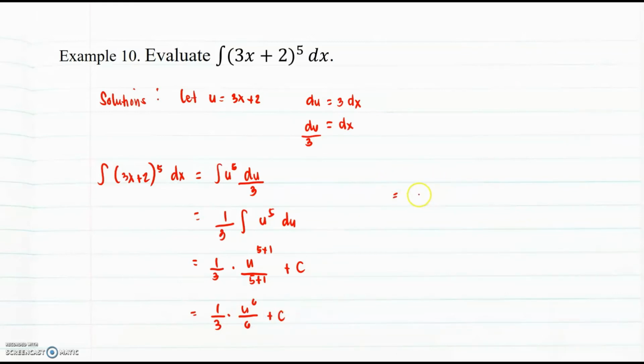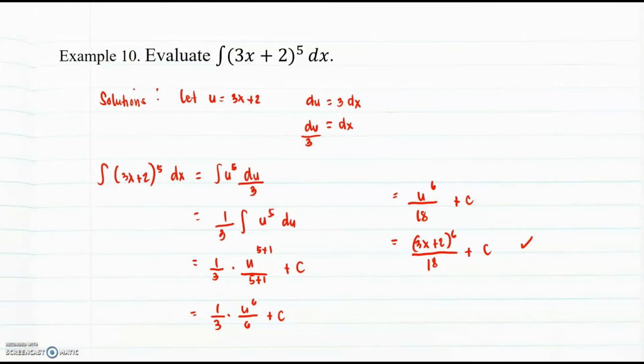Simplify, you have u raised to 6 over 18 plus c. Now substitute the value of u. So you have 3x plus 2 raised to 6 over 18 plus c, and that's already our final answer.